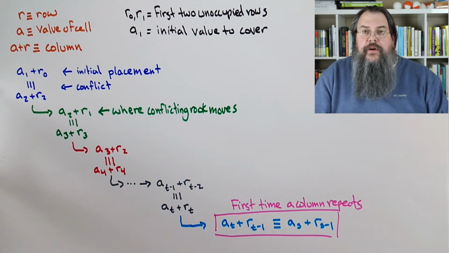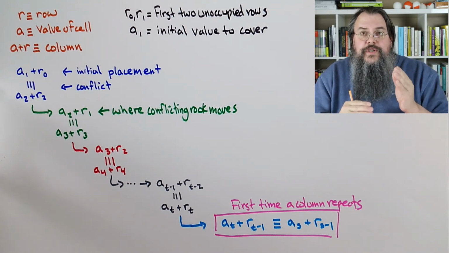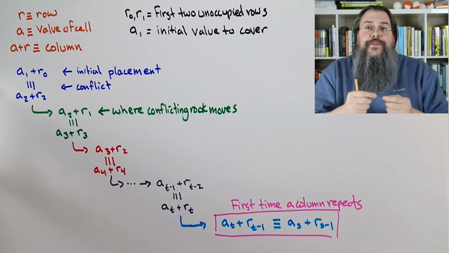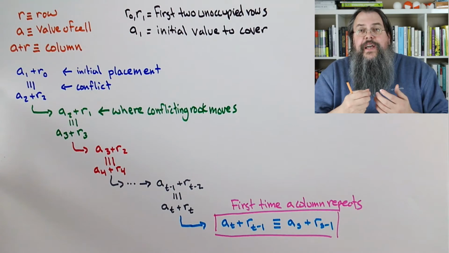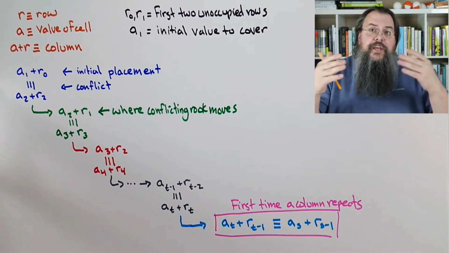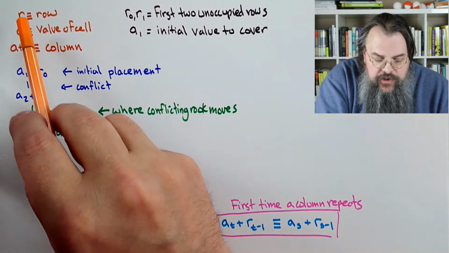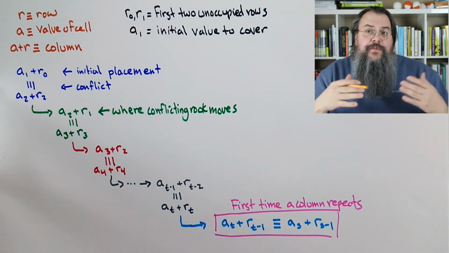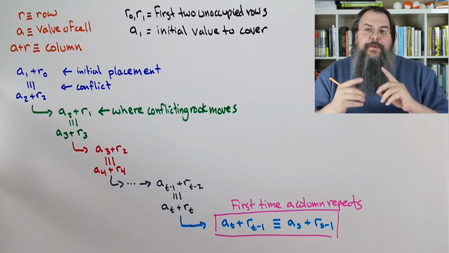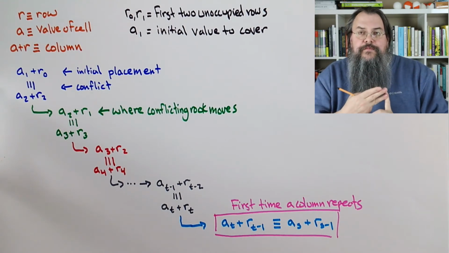Now the nice thing is if I know R, which row I'm in, and I know A, what value I want to cover, I also know the column. That's uniquely determined. And it's a nice relationship: you add those two numbers together, and you take things modulo n. So everything is done modulo n. That's why you'll notice there's these three lines. Three lines means equivalent modulo n. You can think of it basically like addition. All right, so keep that in mind. R for rows, A for the value you're covering, A plus R is your column.